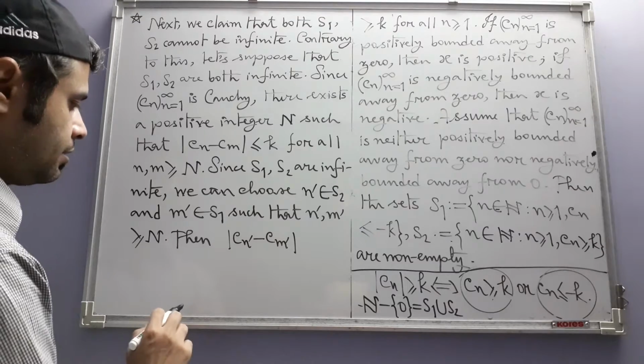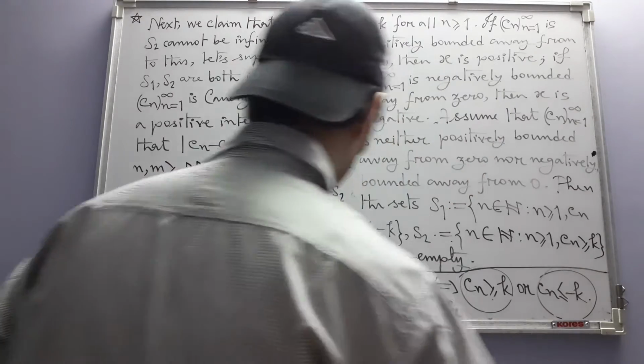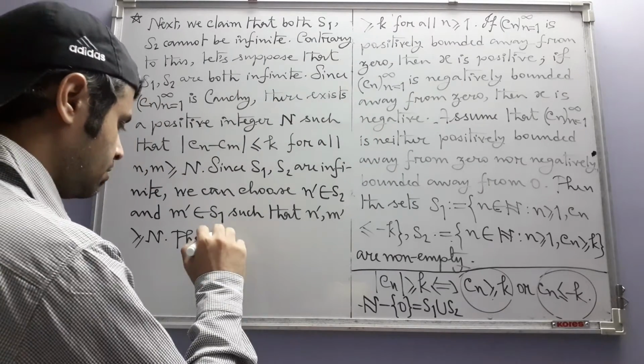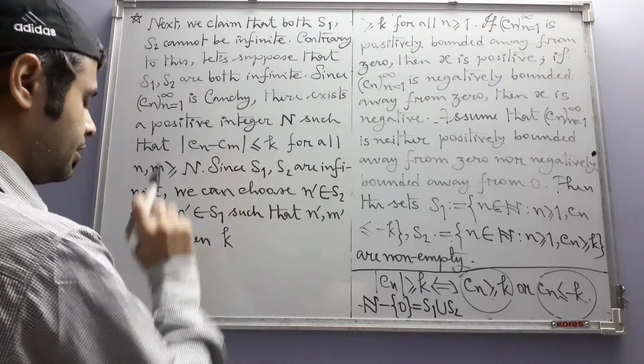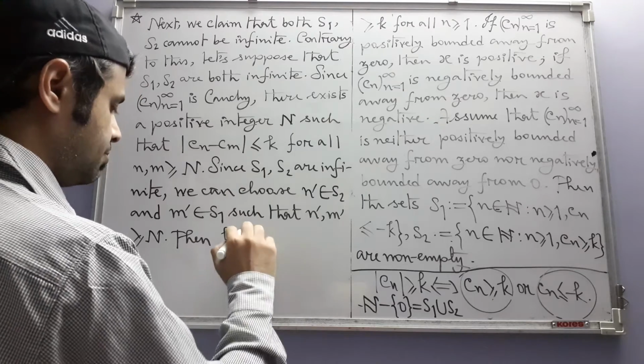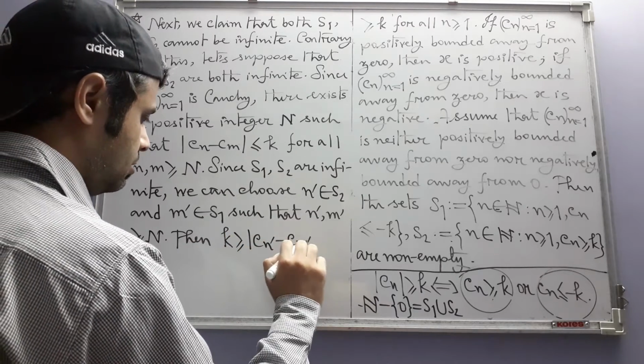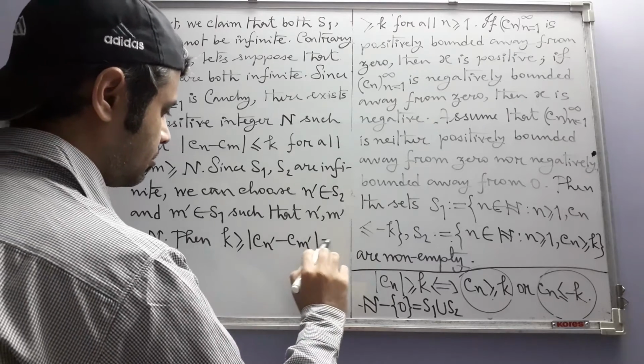One thing is that I should have written k first. K is greater than or equal to the absolute value of Cn prime minus Cm prime.